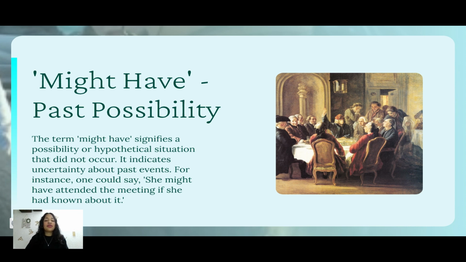We use it to express possibilities, but it's most common for hypothetical situations, and it indicates uncertainty about the past event. For instance, one could say, and this is an example, she might have attended the meeting if she had known about it. She didn't know about the meeting, so she didn't attend. Next.